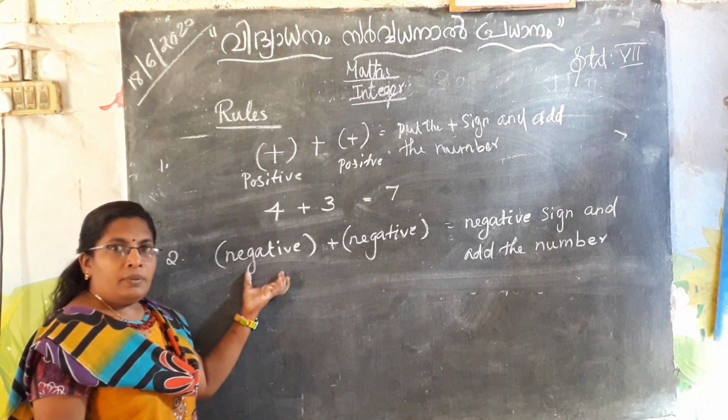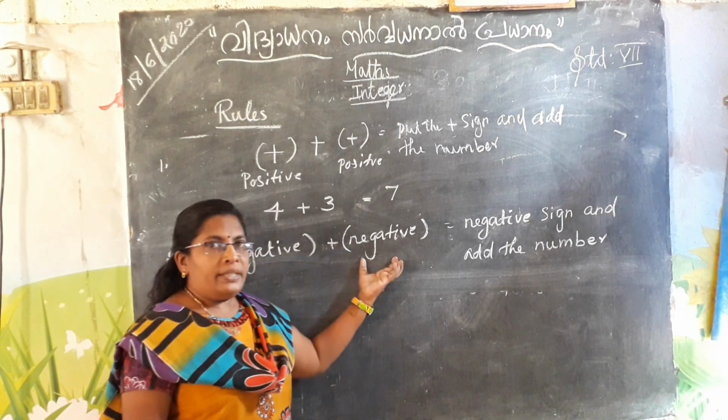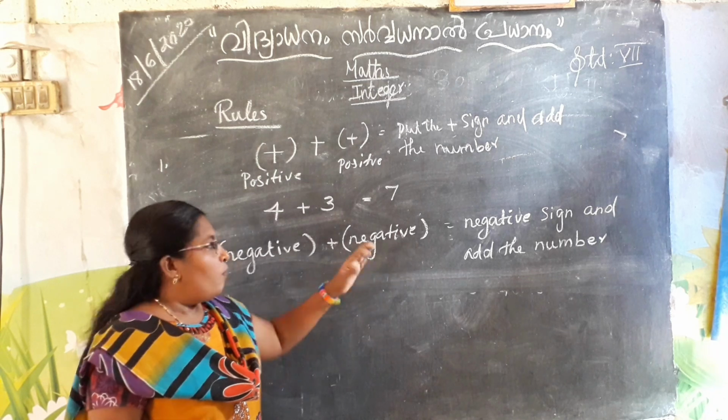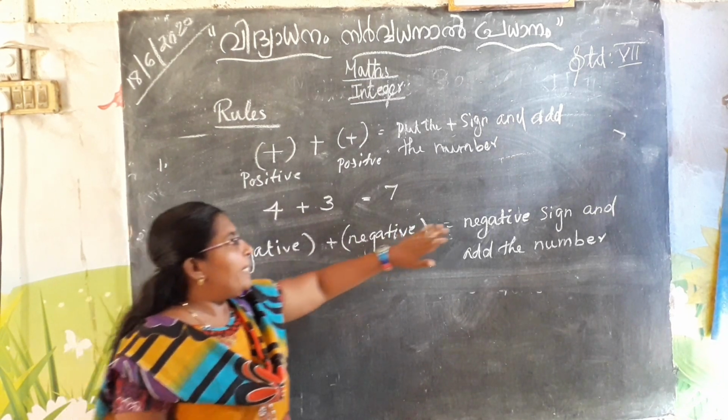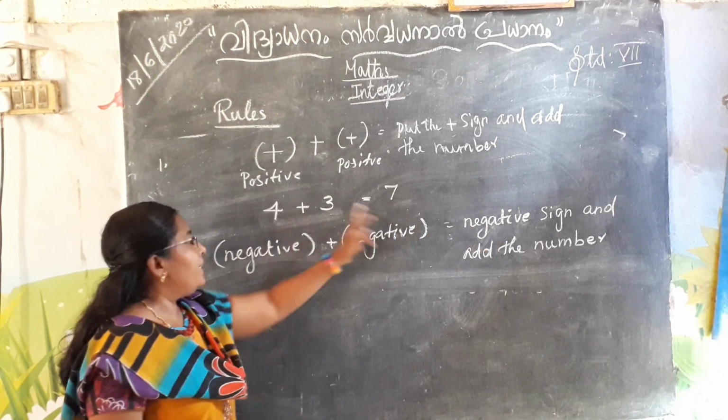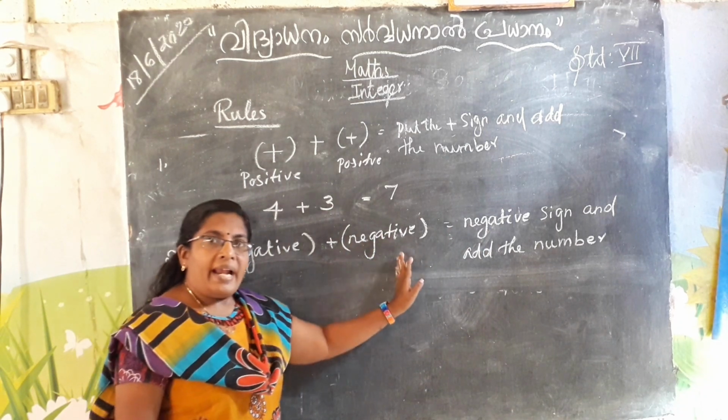Negative integer, another negative integer, and we add them. What should we do? We write the negative sign and add the numbers.